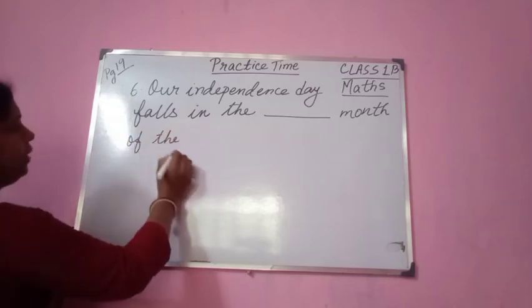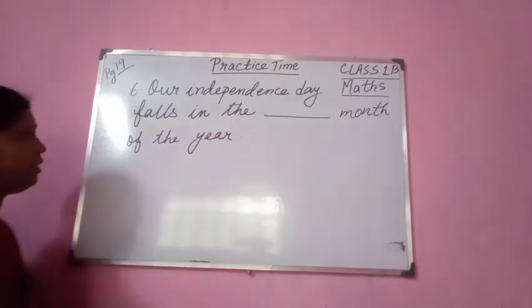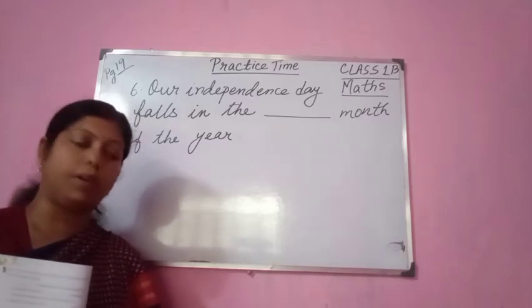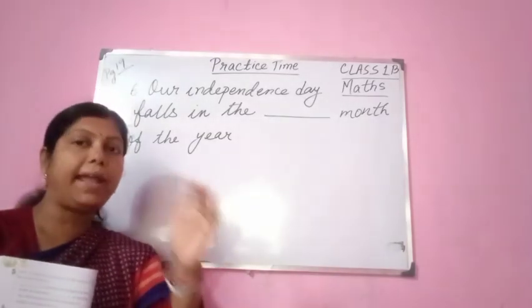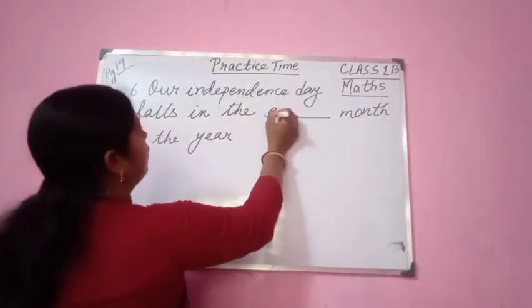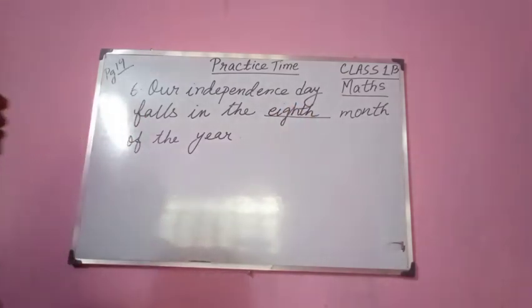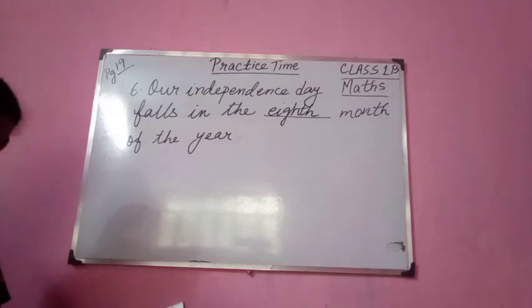So when is our Independence Day? Independence Day is on 15th August, isn't it? So you see, just count which month is August. January, February, March, April, May, June, July, August. So August is the 8th month. Okay, August is the 8th month of the year. Our Independence Day falls in the 8th month of the year.